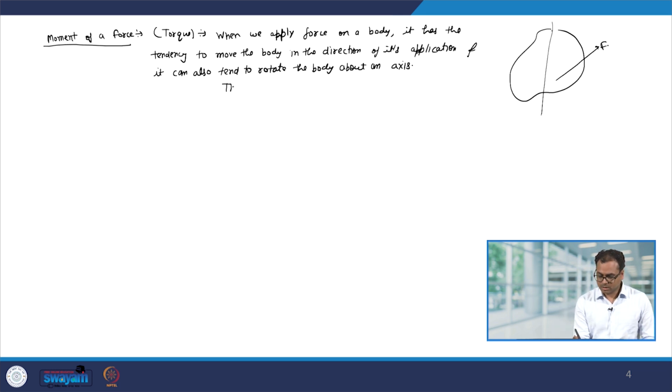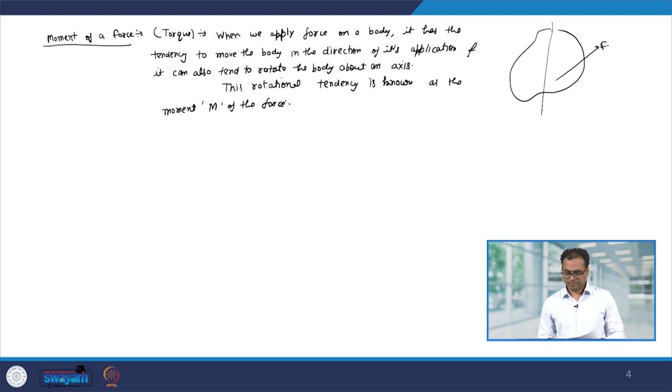So, this rotational tendency is known as the moment M of the force.